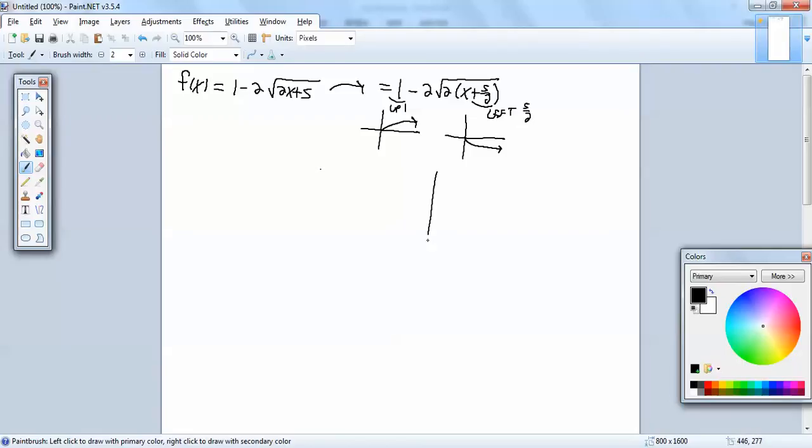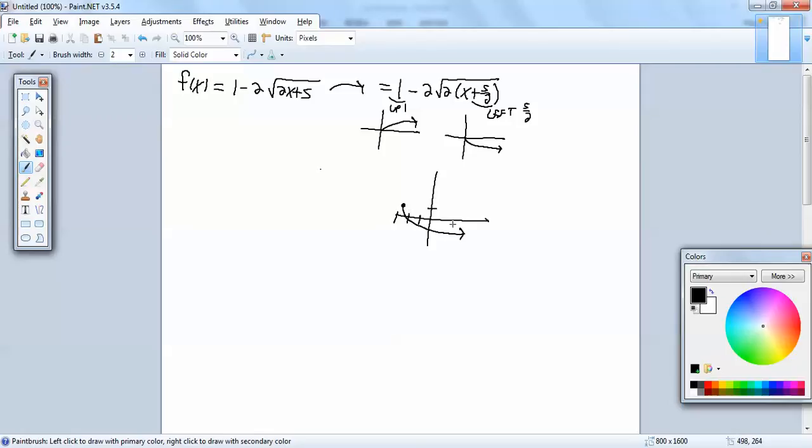So let's just generally think what our graph looks like. It's flipped upside down. We're going to go up 1, and left 5 halves, something like that. Now the 2's that are here do affect it, but not really in terms of the domain and range.